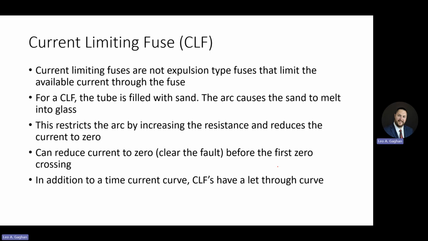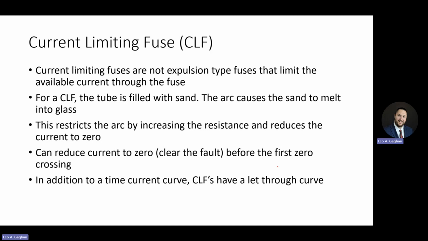This glass restricts the arc by increasing the resistance and reduces the current to zero. It's very fast, a lot quicker than the expulsion fuse, where we talked about it needing to get to a natural zero crossing before it isolates the fault. For this current limiting fuse, it can do that before the first zero crossing, so a lot quicker.